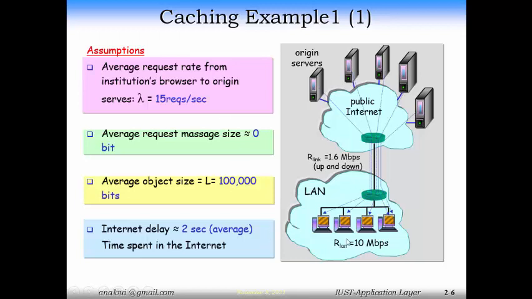Let's suppose that the systems in this LAN make 15 requests per second. So I have 15 requests per second coming from this LAN toward the internet, and their responses should be returned to my LAN.